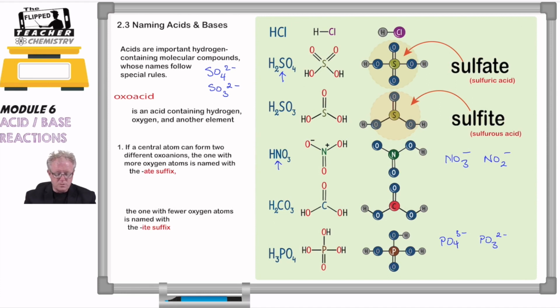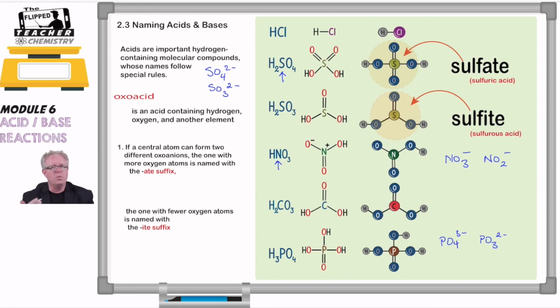So this little rule here: if this central atom, sulfur, nitrogen, phosphorus, can make two or more oxo anions, then the first one with the most oxygen is ate, then we have ite. So that's just some suffixes.